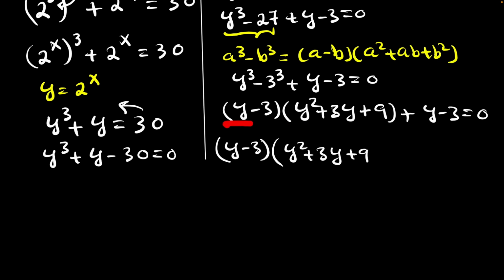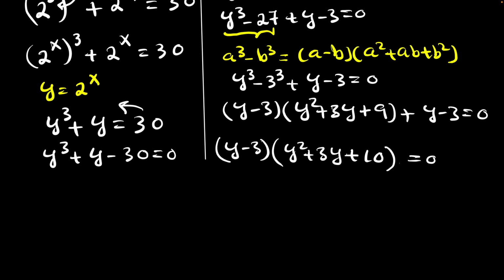And when I divide this term by y minus 3, I would have positive 1, equal to 0. So here directly, in place of plus 9 plus 1, I can write directly 10. Easier. Positive 10 is equal to 0.